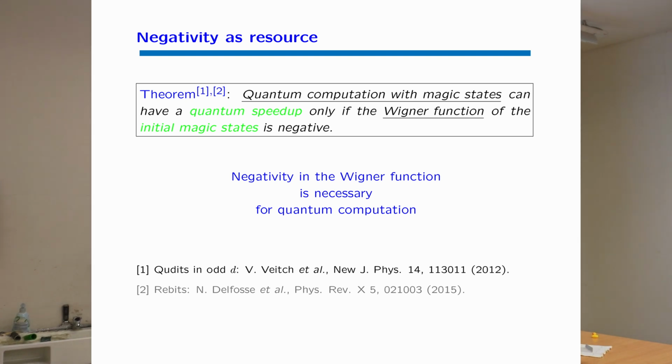It's a function. It doesn't have to be negative everywhere. It just has to take negative values. If you have that, that doesn't guarantee a speedup. But if you don't have it, that guarantees the absence of a speedup. So negativity in the Wigner function is essential for quantum computation in this model.